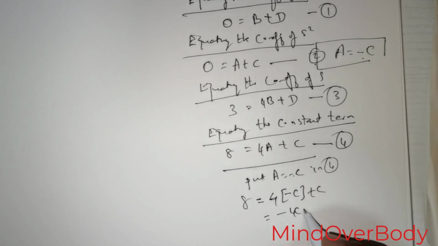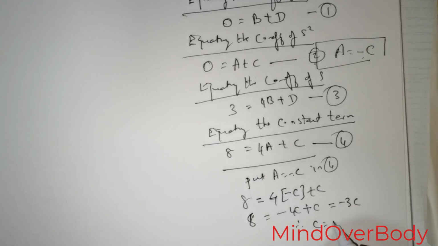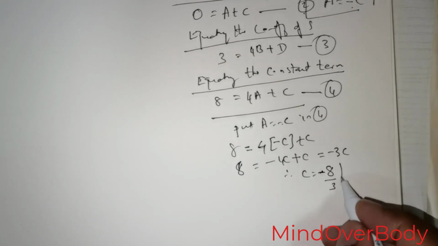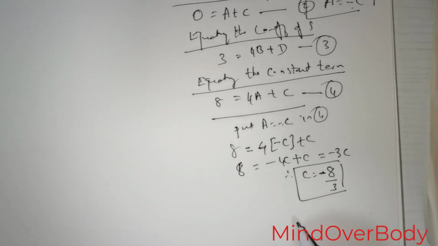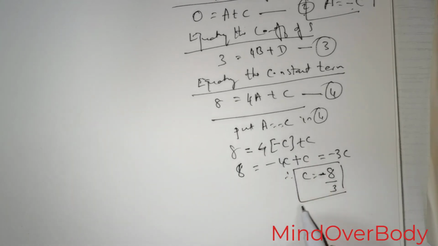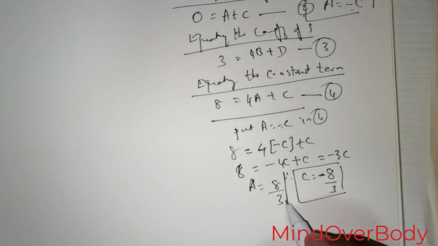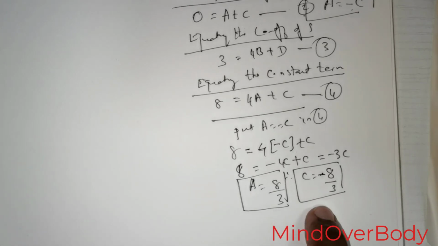So negative 4c positive c, which is negative 3c, and I get c is equal to 8 over 3 with a negative sign. So c is equal to negative 8 over 3, but my a is negative c, so therefore from here a is positive 8 over 3. So I got the value for a, I got the value for c.